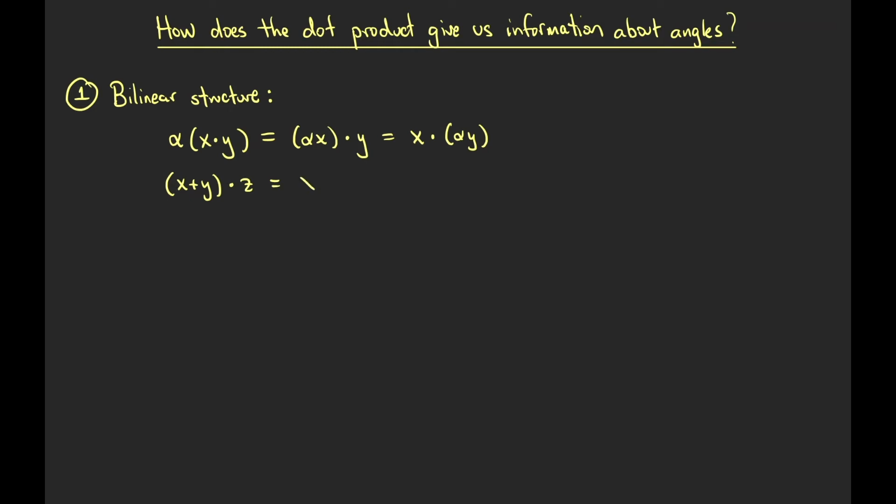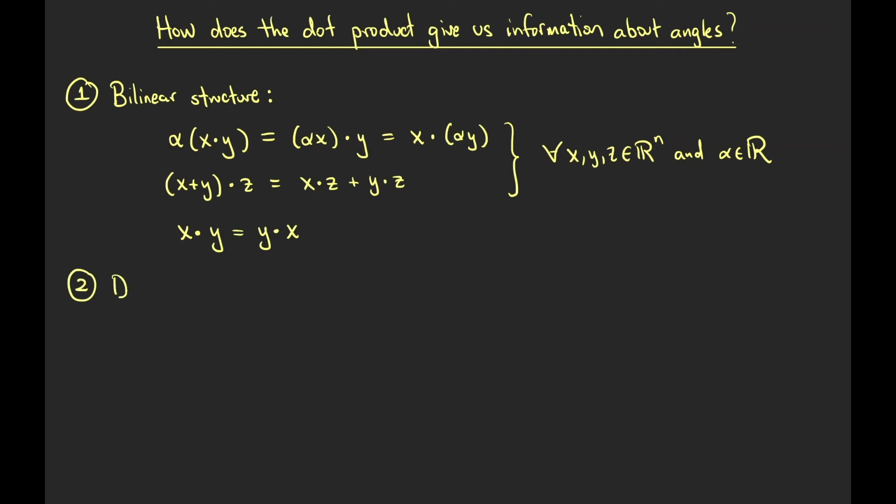If you do x plus y dot z, it's the same as doing x dot z plus y dot z. And that's true for all x, y, and z in Rn and all scalars alpha. Of course, the dot product by definition is also symmetric. X dot y is y dot x.